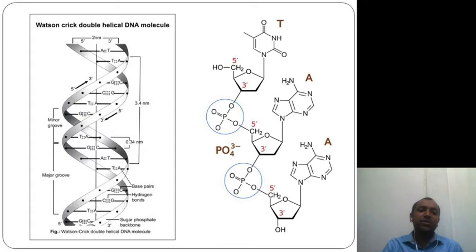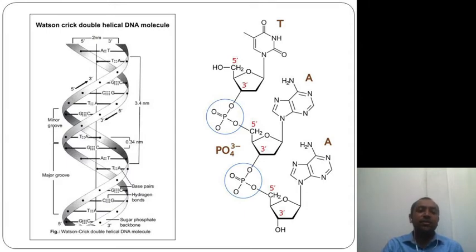Besides this, you see that there are purine and pyrimidine bases, and always remember that A pairs with T. A stands for adenine and T stands for thymine. Between A and T, there are 2 hydrogen bonds, whereas in the case of cytosine and guanine, there are 3 hydrogen bonds. Always keep in mind that G always pairs with C and A always pairs with T.